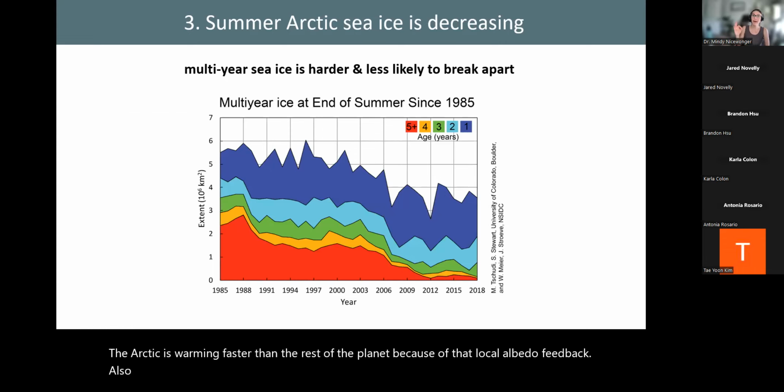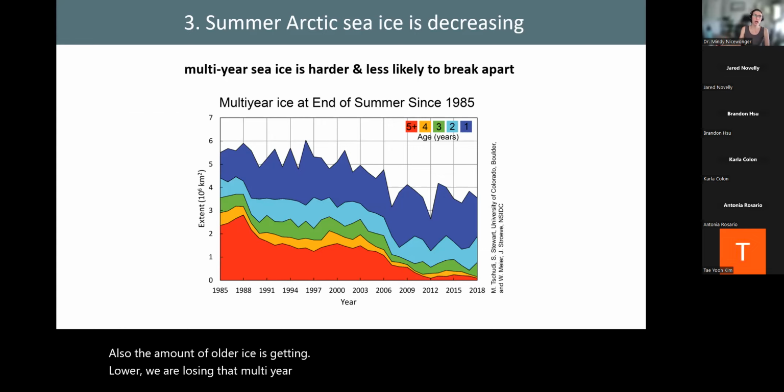Also, the amount of older ice is getting lower. We are losing that multi-year sea ice, and multi-year sea ice is harder. It's less likely to break apart and expose open ocean.